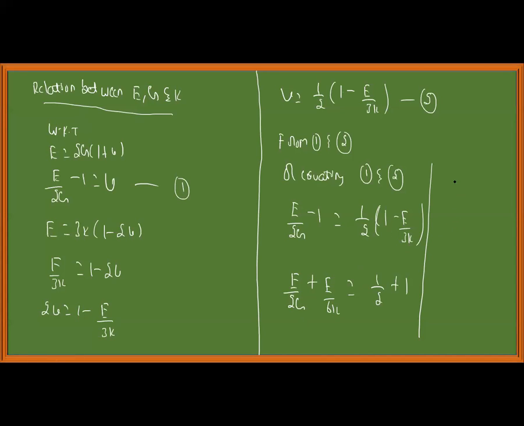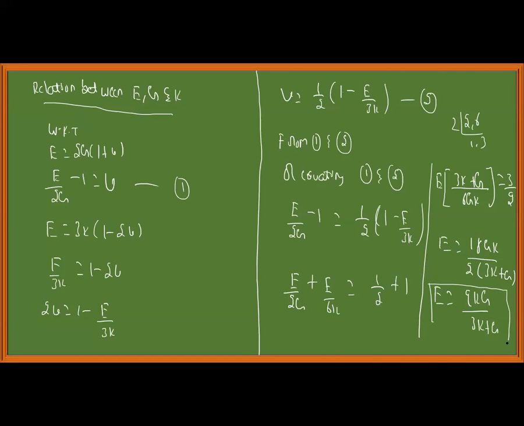If I take the LCM, 6GK is the LCM, E into 3K plus G over 6GK is equal to 1, so E is equal to 6GK by 3K plus G, or E is equal to 9KG by 3K plus G.